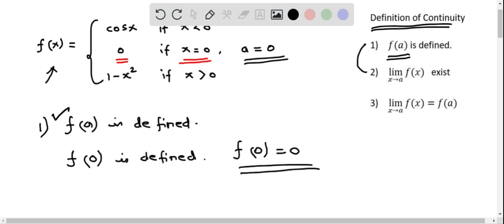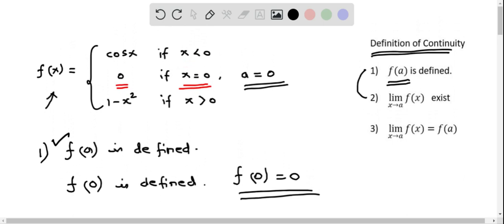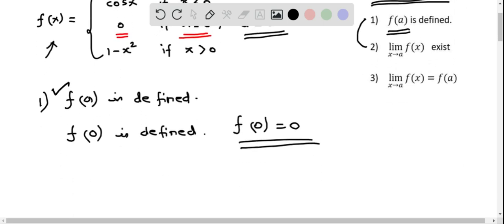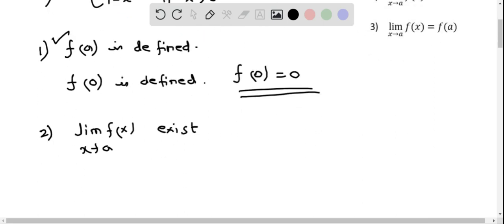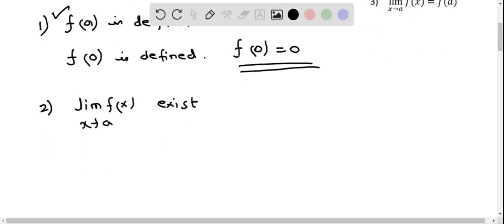Now let's move on to the second condition, which is the limit condition. So let me write this down. This is basically the limit of f of x as x approaches a, and this should exist. The other way of looking at this definition is splitting it into two parts. The first part is the left-sided limit, which I write as the limit as x approaches a minus.